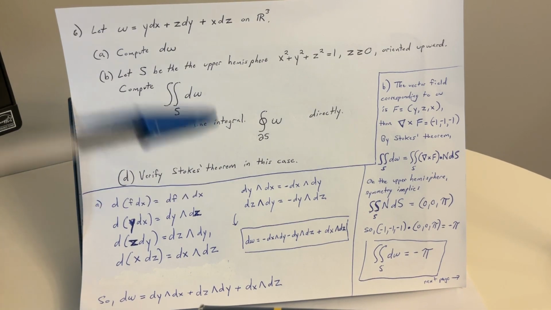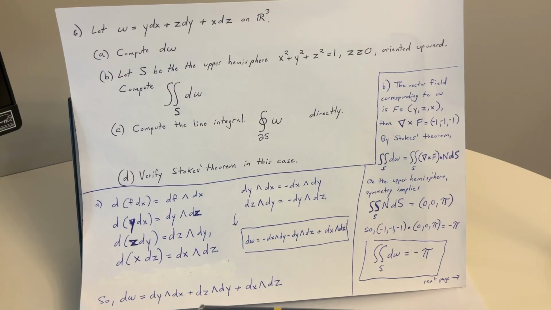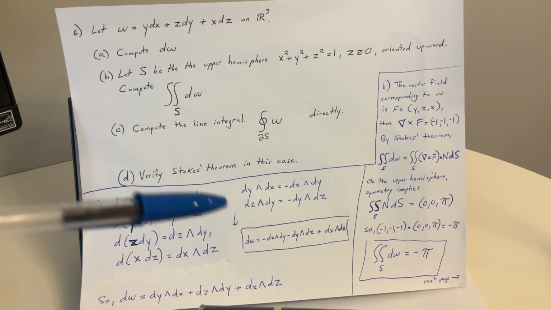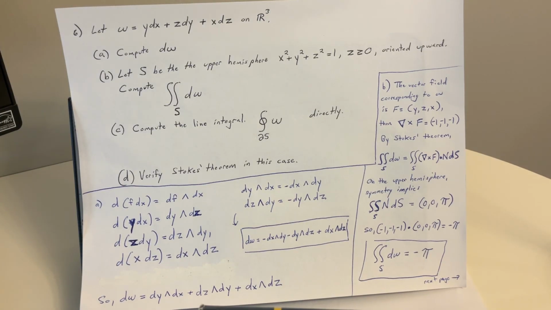Furthermore, dy wedge dx, that's negative dx wedge dy, and dz wedge dy, that's negative dy wedge dz. And we could substitute that in, and we get the following here: dw equals negative dx wedge dy minus dy wedge dz plus dx wedge dz. Okay, so we're done with letter A.